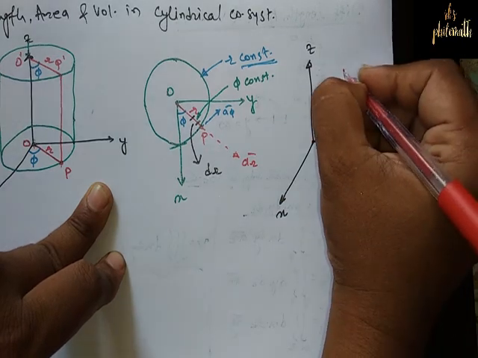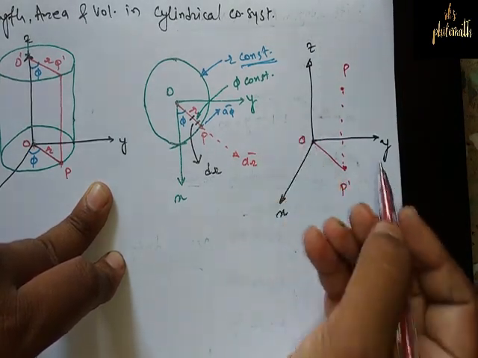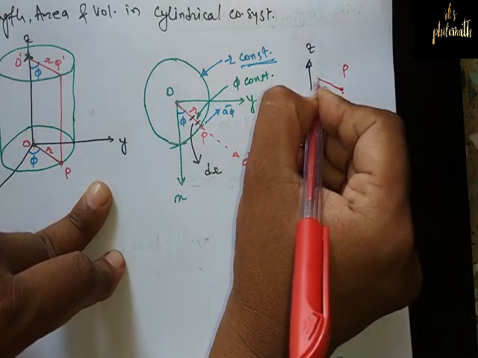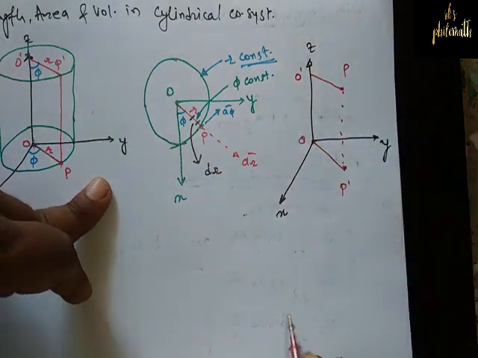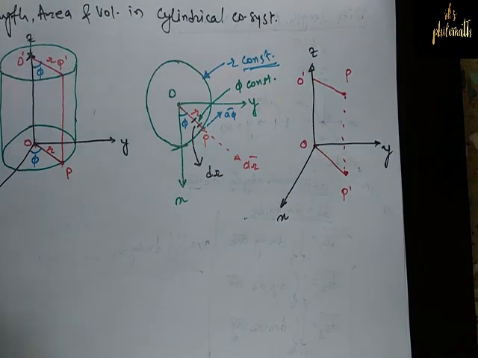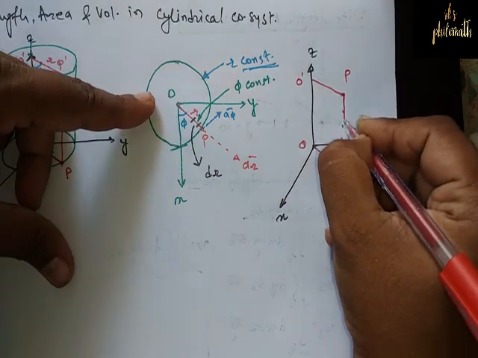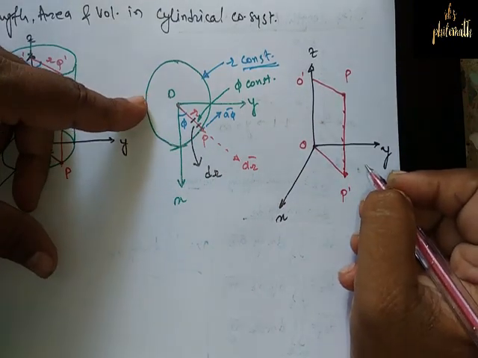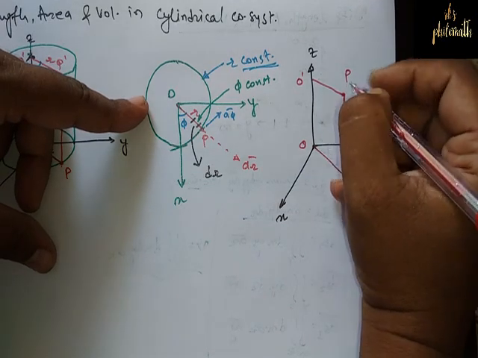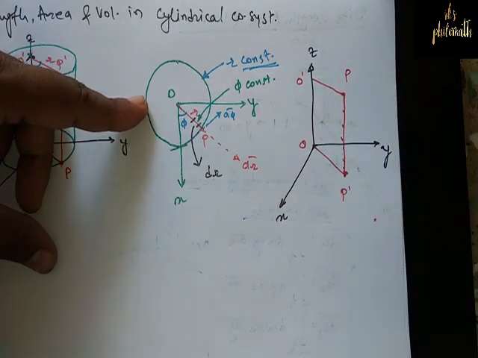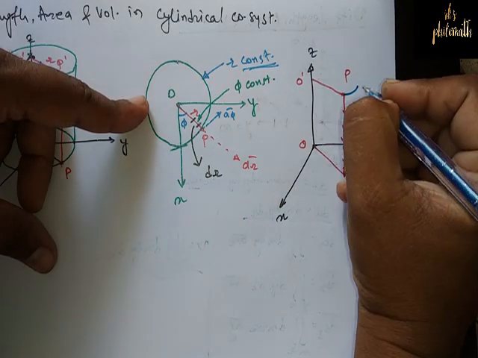P dash, here is P. Connect P to O. Now move this point P on the surface of cylinder.